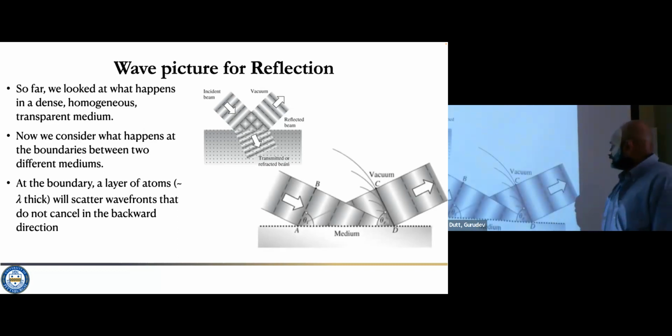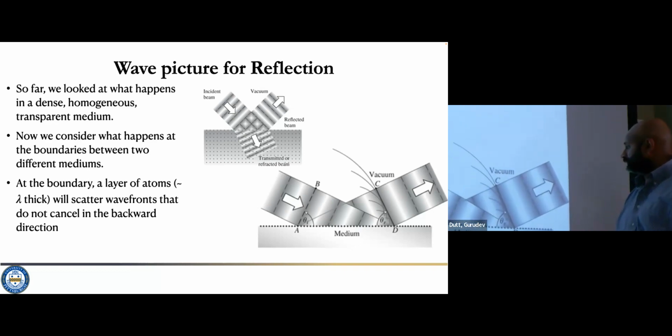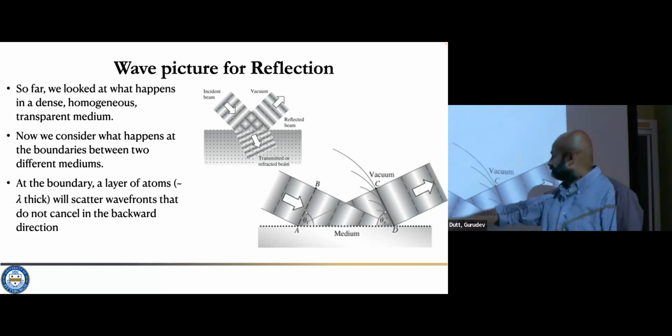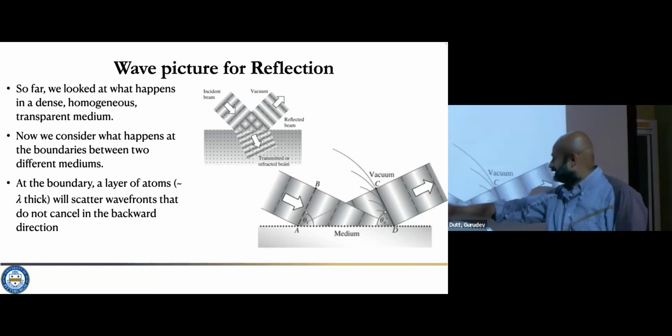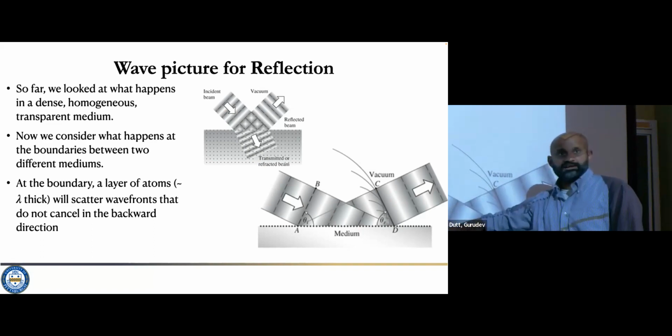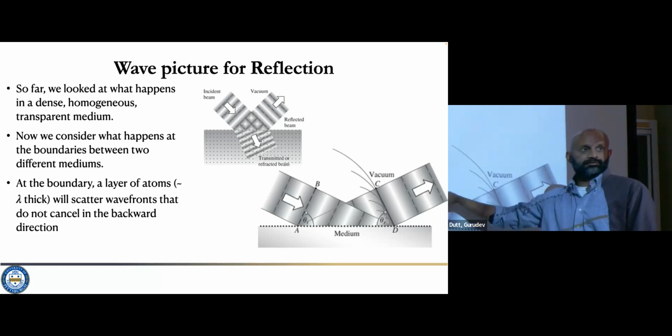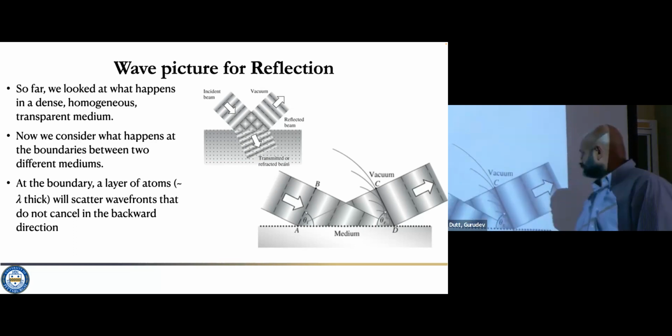Okay. So if I take a closer look at this interface, and now instead of drawing all the atoms here, I'm just going to draw a line of atoms to indicate these are the atoms that are contributing to the reflected beam. You can see here that when the incident wavefront BA reaches this atom over here, A is one of the atoms or a point on the interface, and B is the other end of the beam, which is the wavefront.